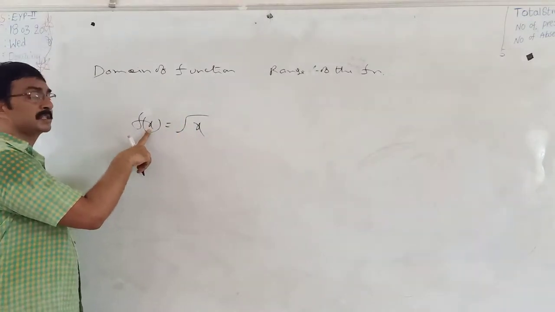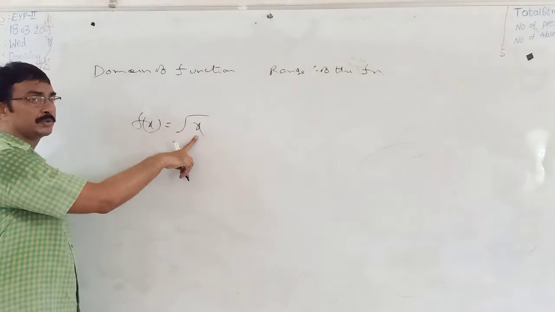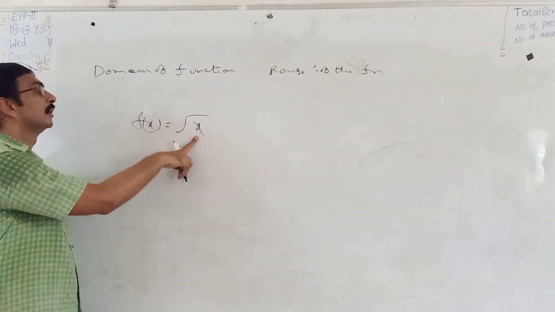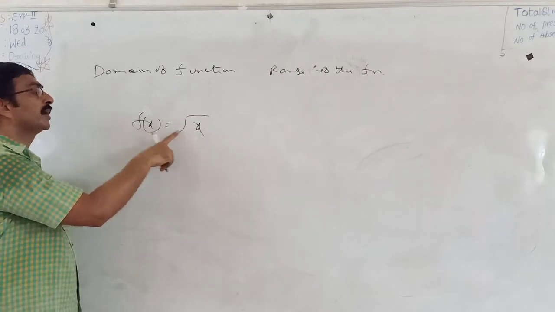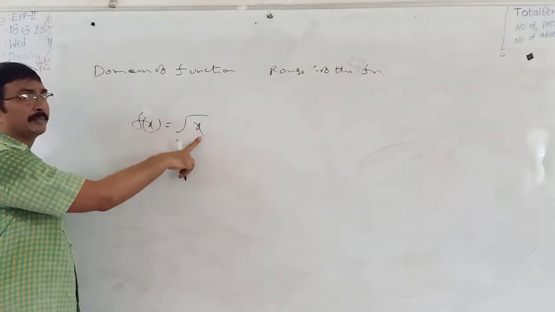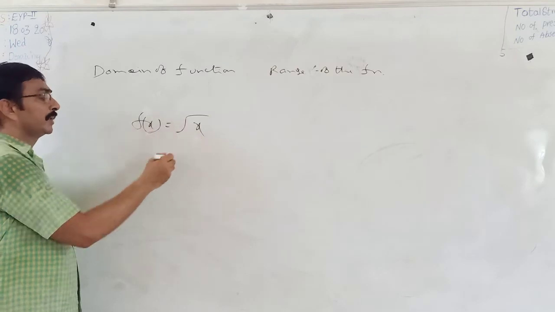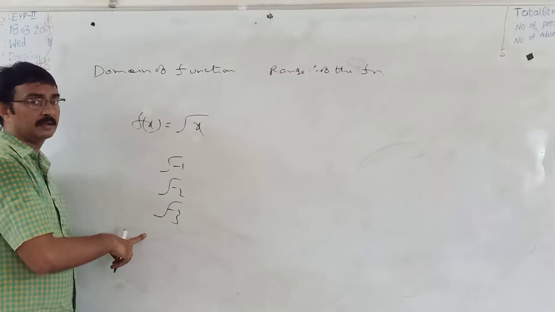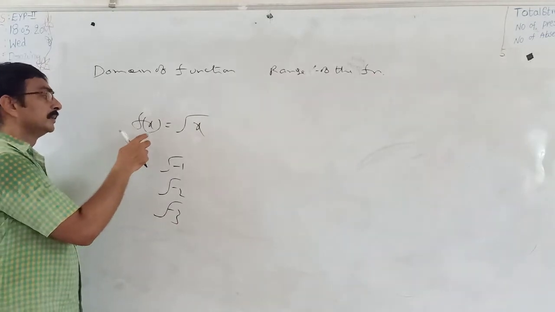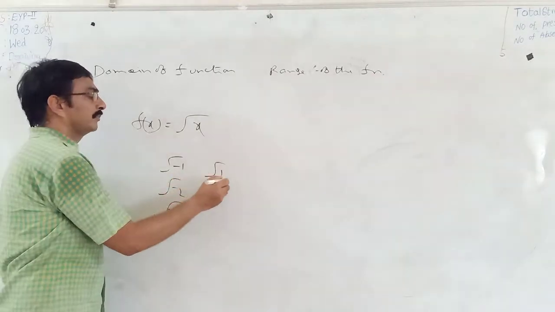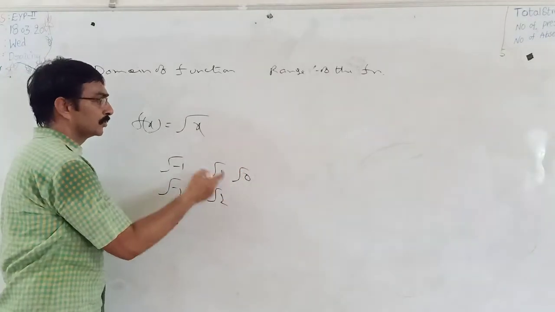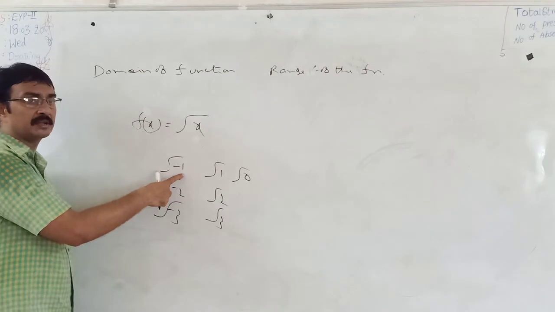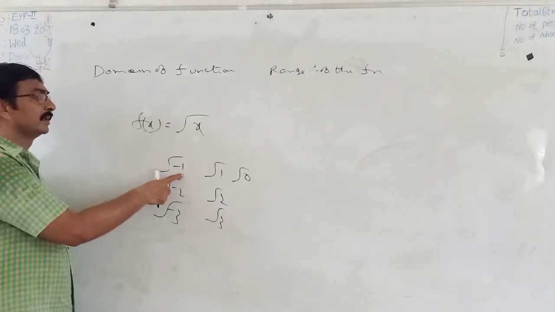In the place of x we can take 0, 1, 2, 3, 4, 5, 6, 7, 8, 9 and so on. But if we take negative values in the place of x, root of minus 1 is not defined, root of minus 2 is not defined, root of minus 3 is not defined. So root 1 is defined, root 0 is defined, root 2 is defined, root 3 is defined and so on. Root of negative values is not defined in the set of real number system.